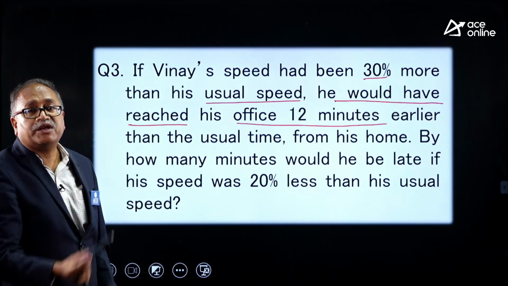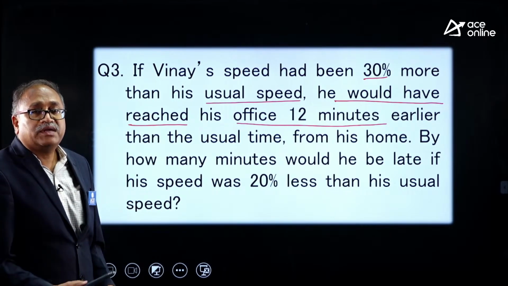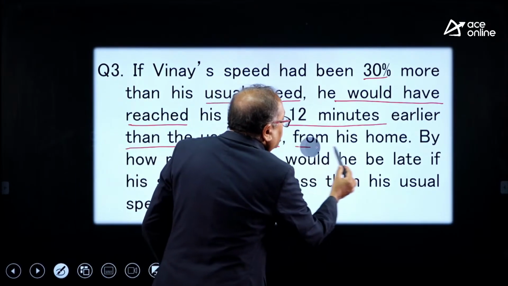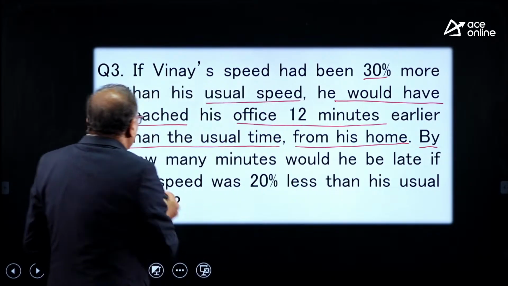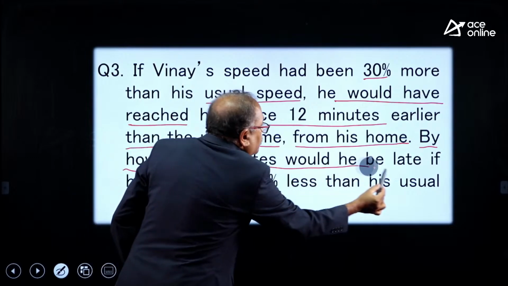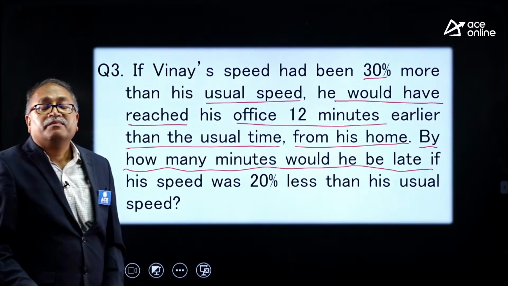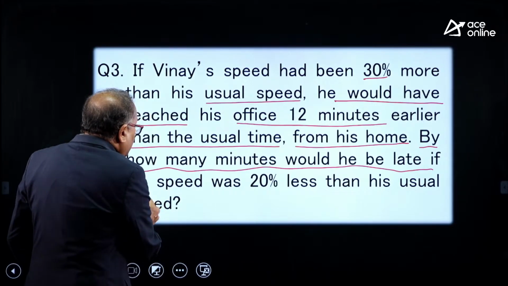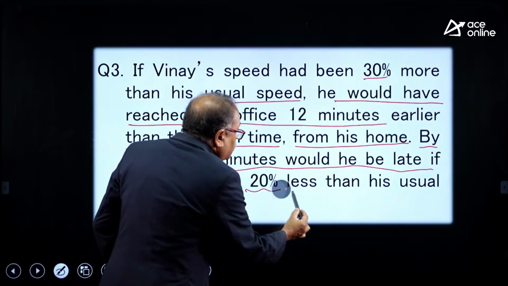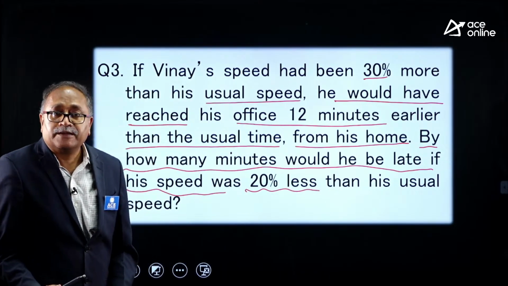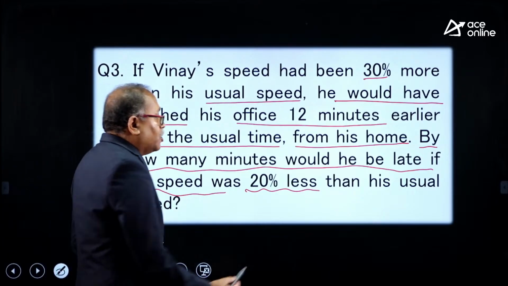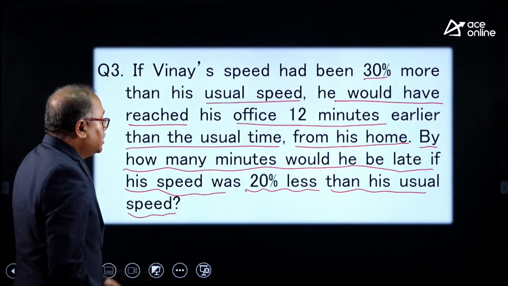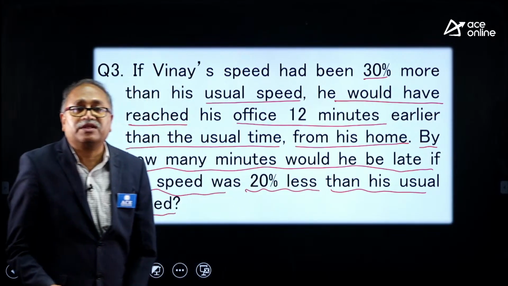If the speed is increased by 30%, he will reach the office 12 minutes earlier than the usual time from his home. By how many minutes would he be late if his speed was reduced by 20%? So, he will be late. How much late than the usual speed, 20% less than the usual speed.